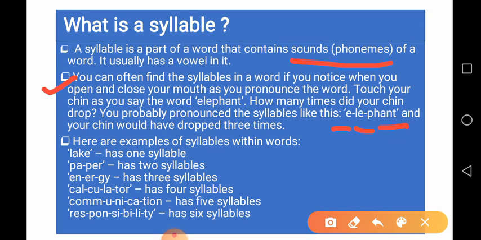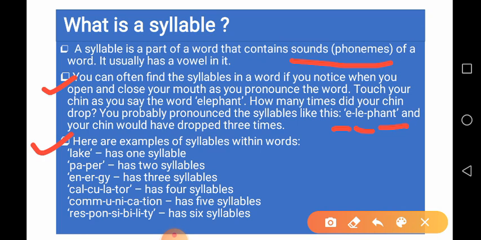If your chin drops two times, then it is a two-syllabic word. So, here are some examples of syllables within words. See, in a one-syllable word, your chin drops only once.